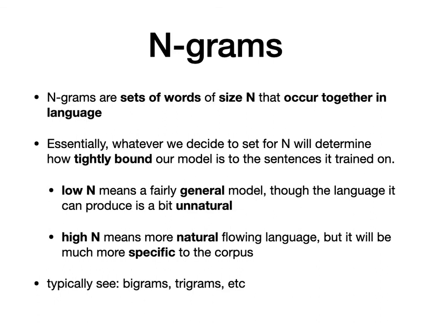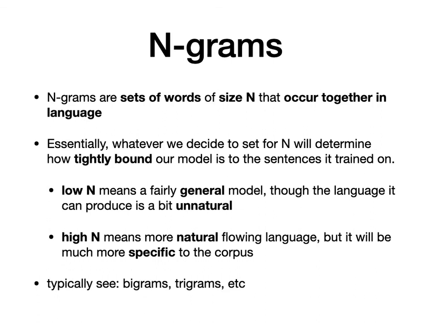It's not going to produce the exact sentences it saw, but it will try to produce things in a general capacity. The language it can produce is a little bit funky because it lacks structure. It's not very good at capturing long-range structure. It might waffle around a lot. I'll show you some examples of that in the future.